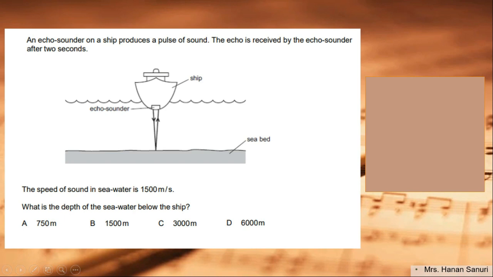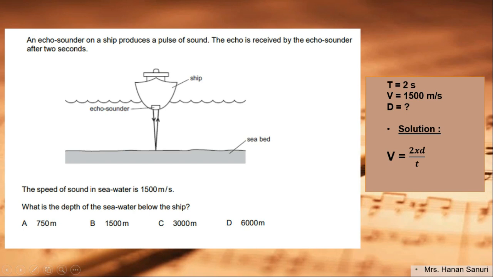What is the depth of the seawater below the ship? I want to find the depth, or distance. So what will I use? Now the givens: time 2 seconds, speed 1,500 meters per second. They want you to find distance. You remember the formula, speed equals distance over time.